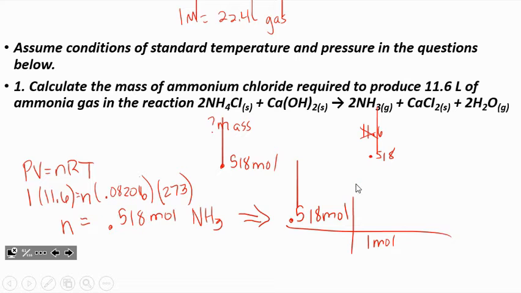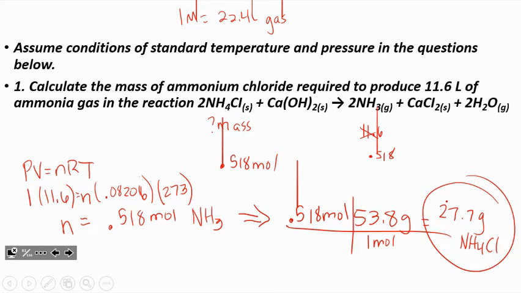So let's find the mass of ammonium chloride here. We have 18 plus 35.5. That ends up being 53.5 grams per 1 mole. And when we multiply that out, we end up with 27.7 grams of NH4Cl. That's how much we would need to start with.